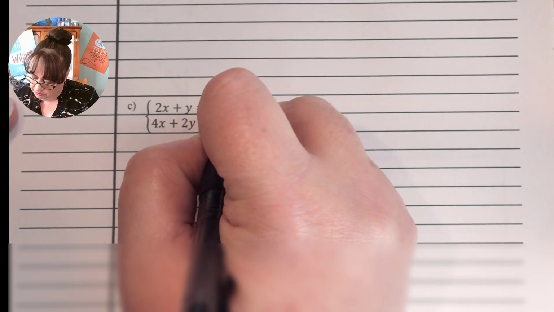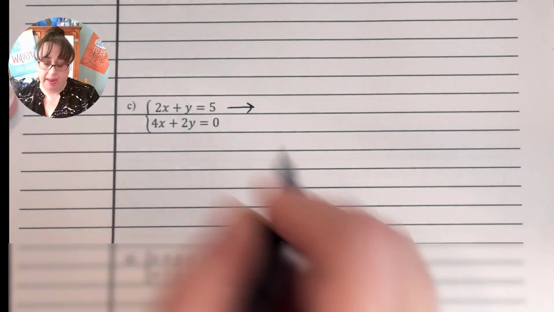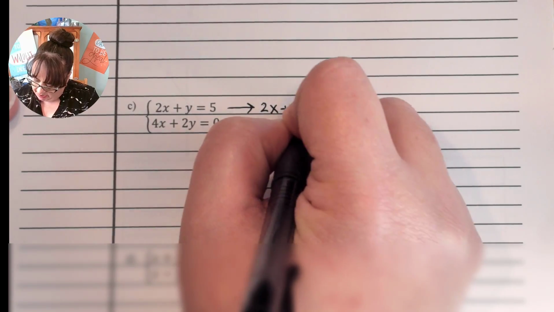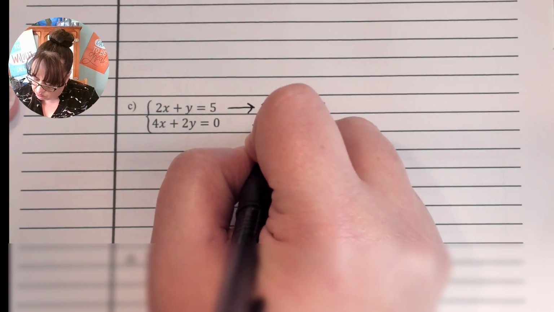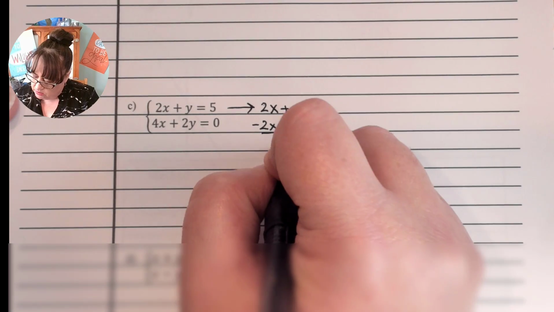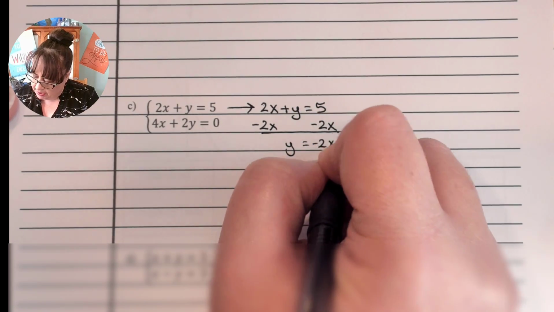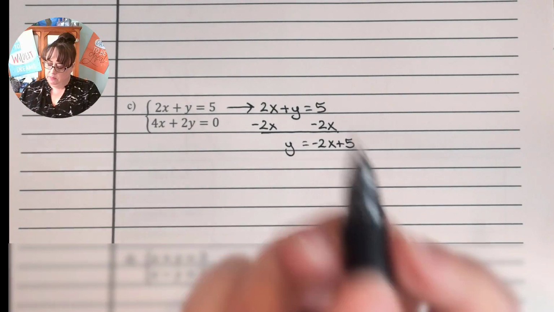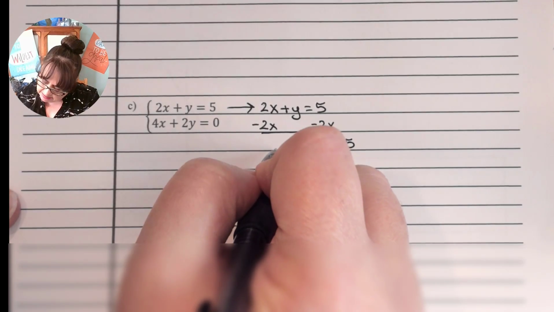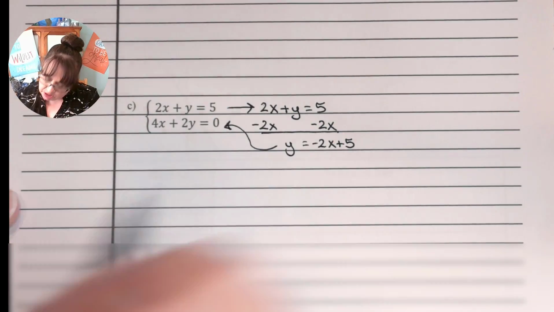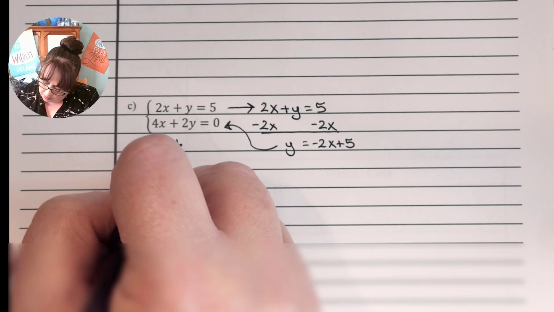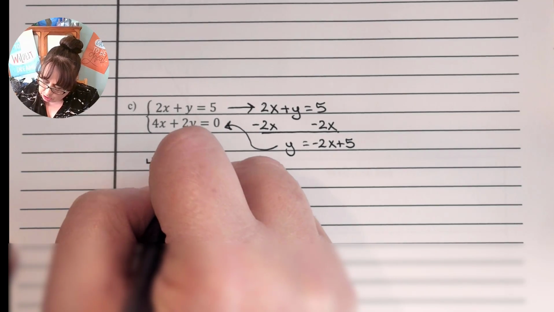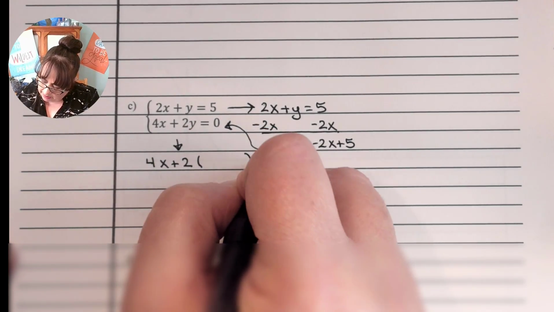Let's take our first equation and solve it for y. So 2x plus y is equal to 5. So I'm going to subtract 2x from both sides. So now I have y equals -2x plus 5. Yes, it's a few more steps, but it's okay to take a few more steps to do this. So now I'm going to take this and I'm going to put it into that equation. So 4x plus 2y equals 0.